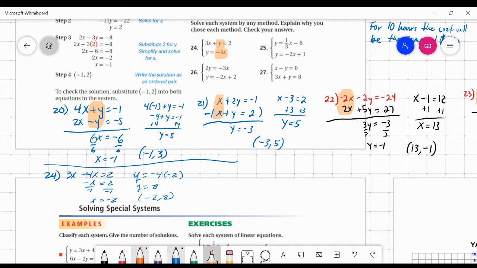For 25, again, we have y equals, so I'm going to plug that in here. So 1/3 x minus 6 is equal to negative 2x plus 1.